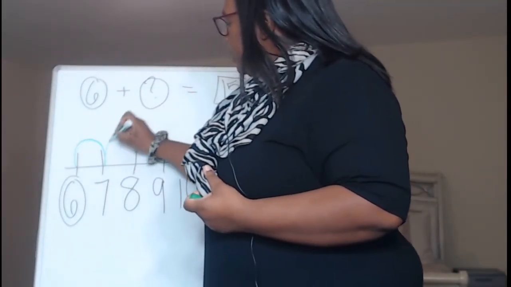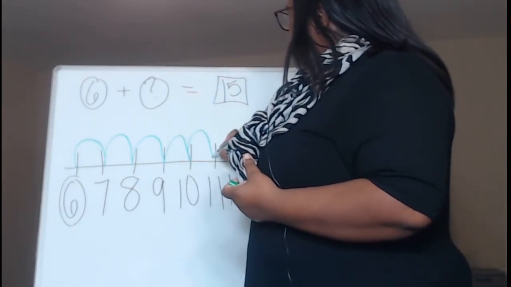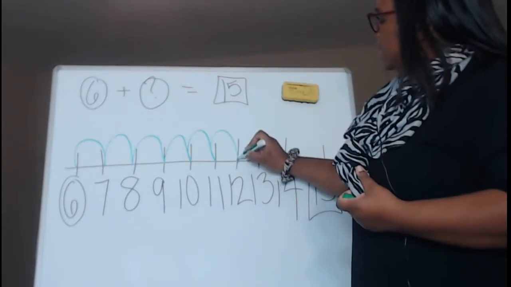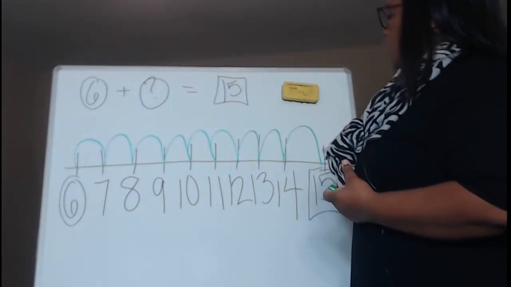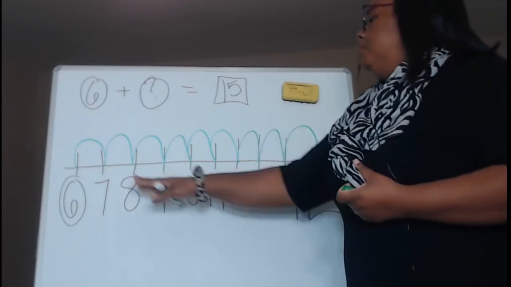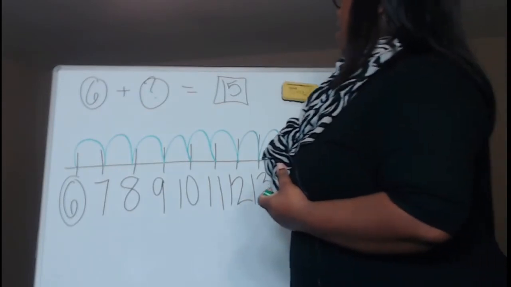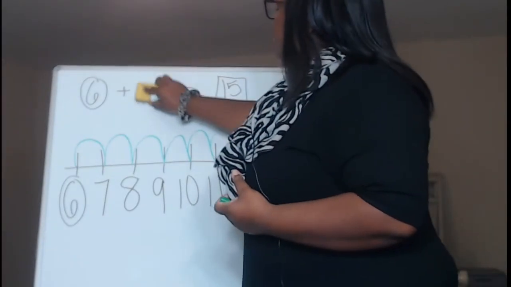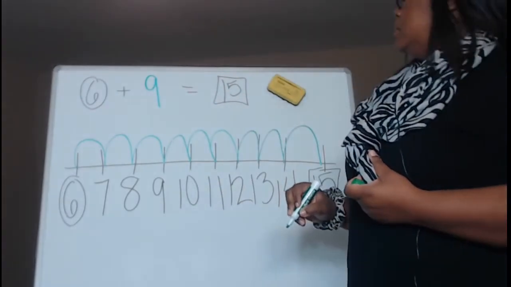Hop 1, hop 2, hop 3, hop 4, hop 5, hop 6, hop 7, hop 8, hop 9. So how many hops were there between 6 and 15? There were 9 hops. So that would be, boys and girls, our missing part.